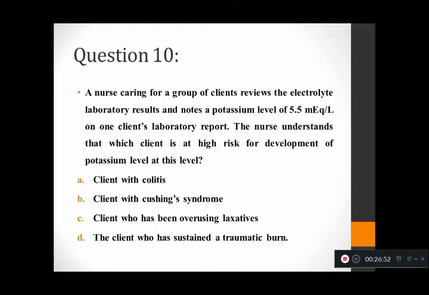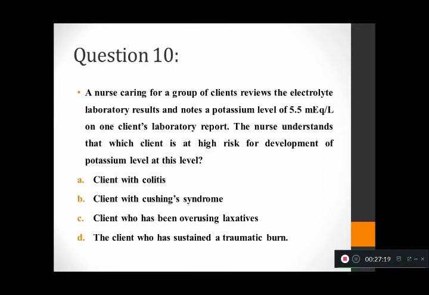Okay, now we will see the right answer. A serum potassium level higher than 5.1 milliequivalent per liter indicates hyperkalemia. So when the potassium level goes above 5.5 milliequivalent per liter, the condition is called hyperkalemia.